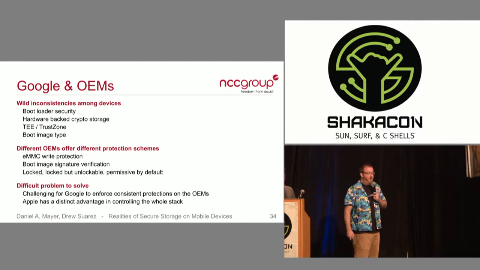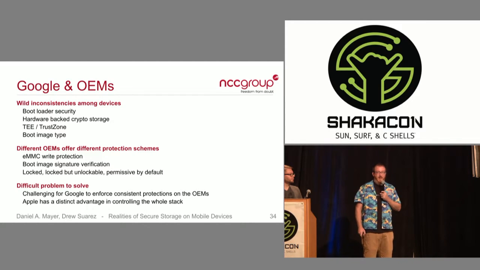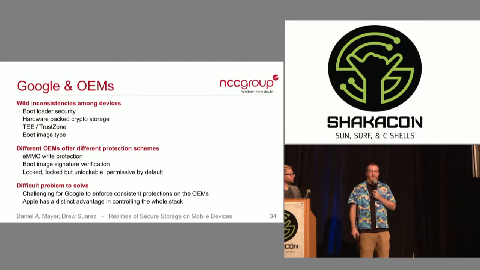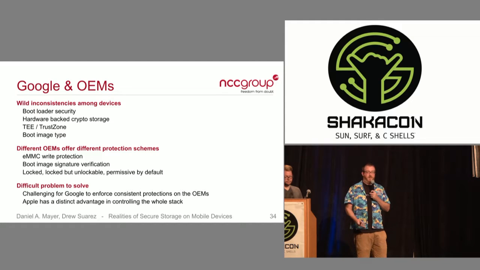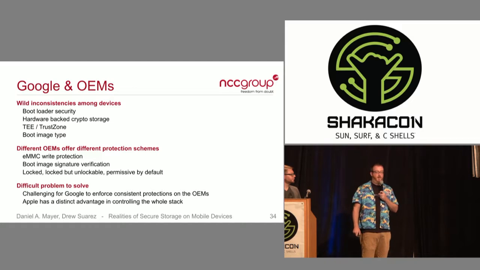Google and their OEM partners have a long history of having different ideas on how to secure things, and unfortunately this leads to wild inconsistencies among devices you see out in the wild, especially among the cheaper devices that you can get very cheaply but don't have a lot of protections, because it costs money to implement things like that. So you run into very different things in bootloader security.